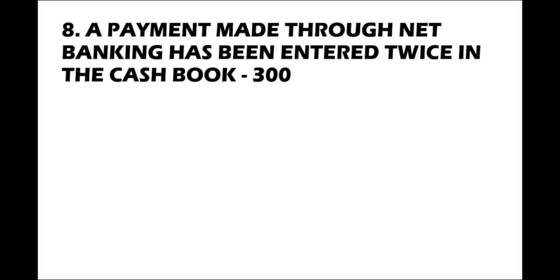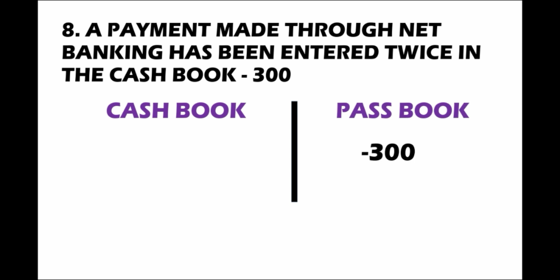Last, a payment made through net banking has been entered twice in the cash book, 300. See, payment is done through net banking. That means in our passbook we have already entered minus 300 because it is a payment. In our cash book we have entered it twice, minus 300, minus 300.